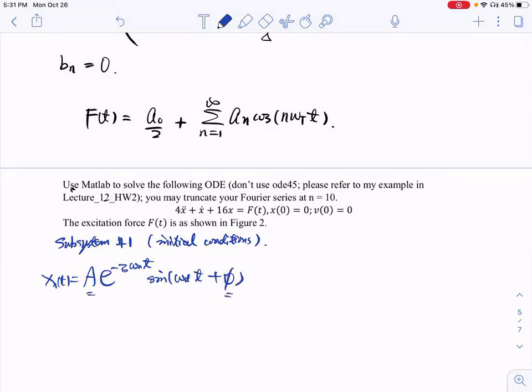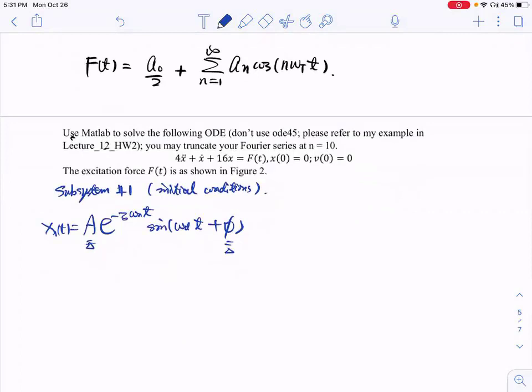And then these A and phi are determined by initial conditions. But this is very different from the impulse. If you look at my solutions online, you won't be able to determine these A and phi right now.